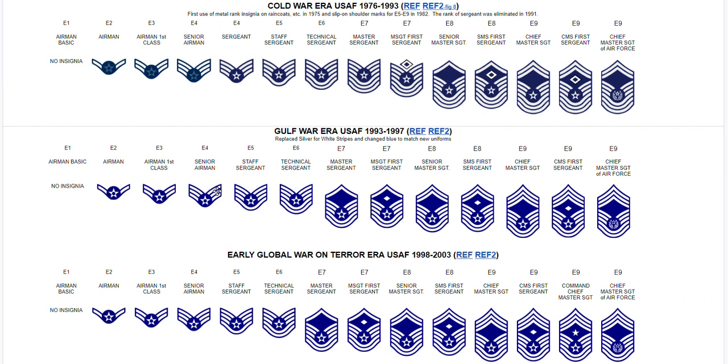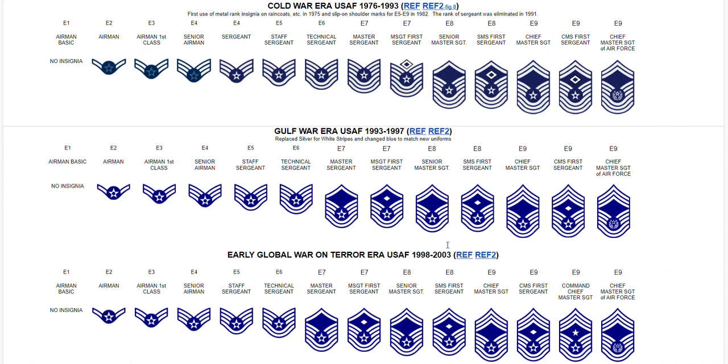The stripes are whiter and the blue is brighter, and that matches the change in the dress uniforms as well, from a darker blue to a slightly lighter blue. It's not a huge difference, but it's enough. I think the stripes really show it more, as they used to be silver and dark blue, and now they're white and a lesser, more royal blue.